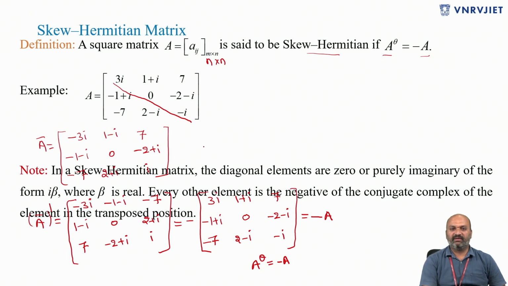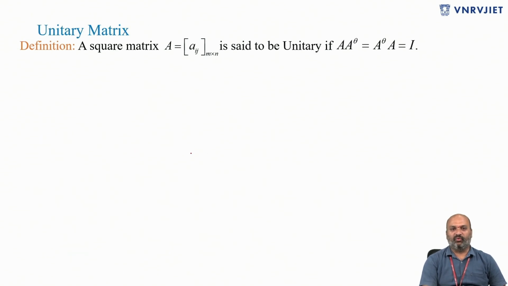The next one we'll see is a unitary matrix. A square matrix, of course, n by n or m by m.